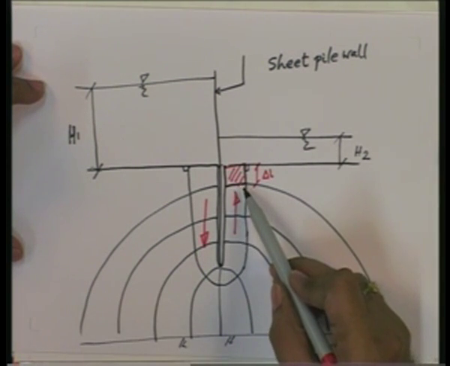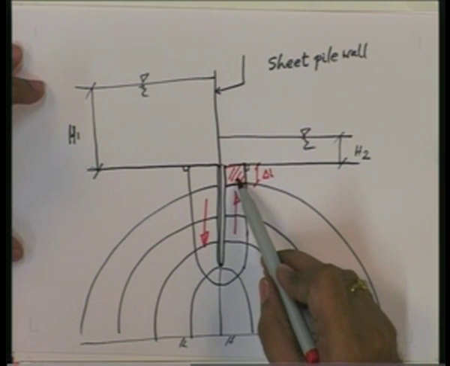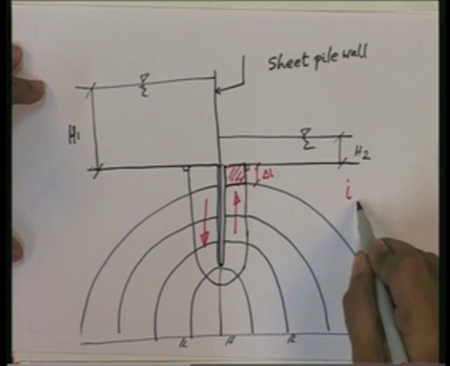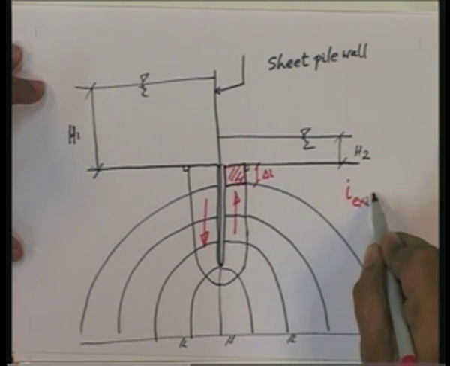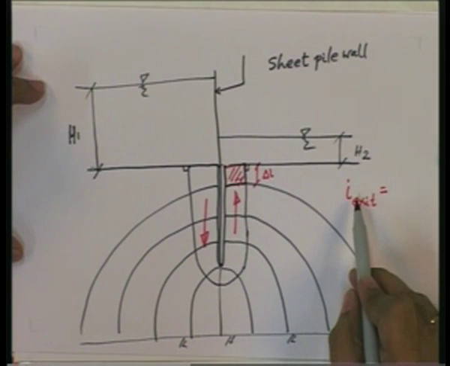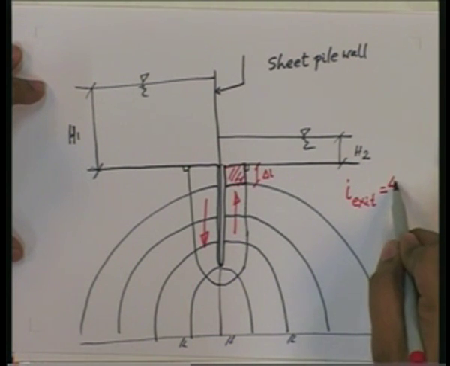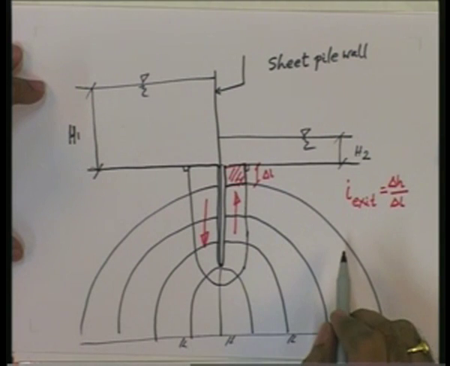In the process, this particular gradient which exists here is defined as i exit, the exit hydraulic gradient, which is nothing but delta H divided by delta L. This is one parameter.